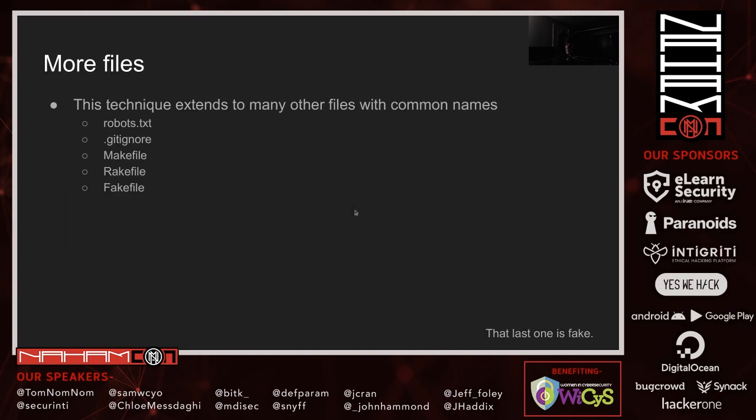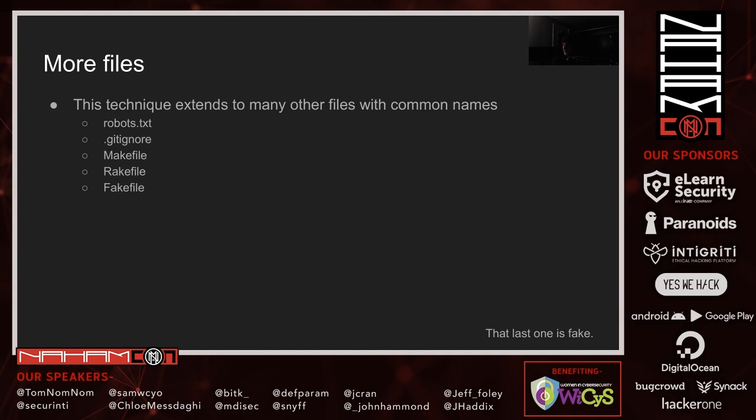There's more files than just the nginx config file that this sort of technique would be useful for. Here's just a few that you could use. So robots.txt contains paths, some of which are disallowed and should not be crawled by search engines, so they're not going to show up in Google Docs.